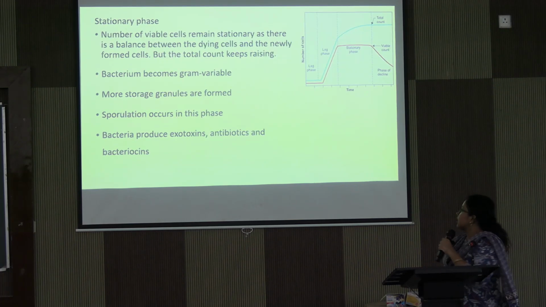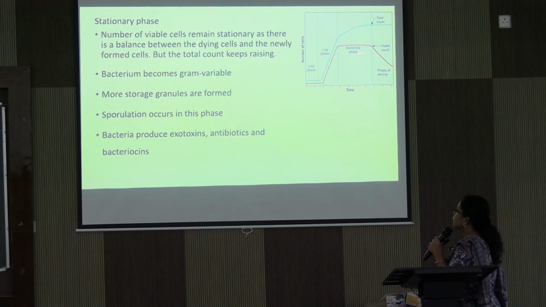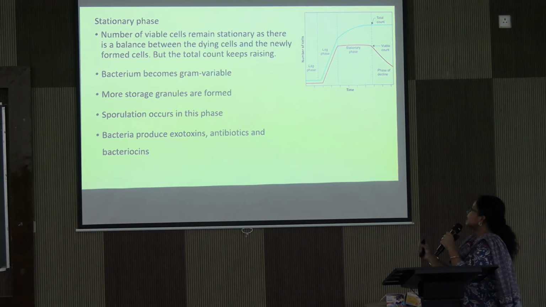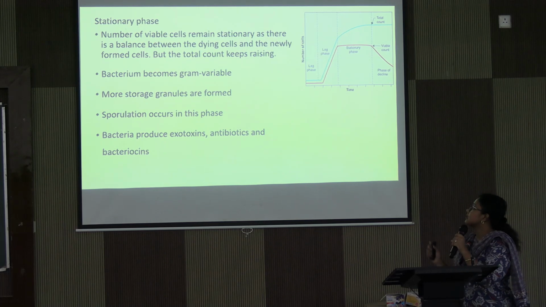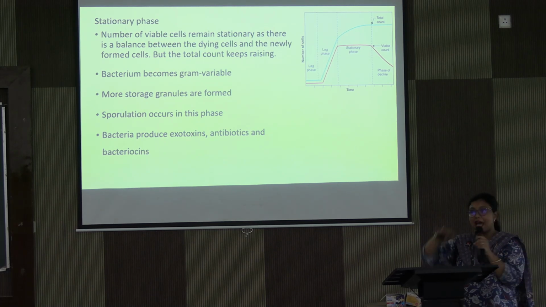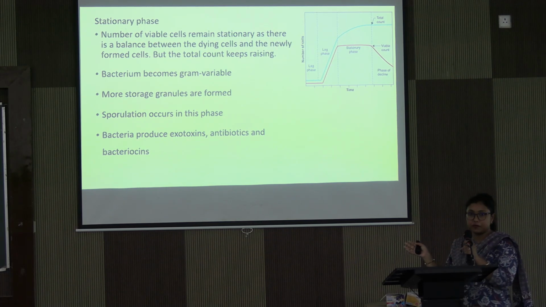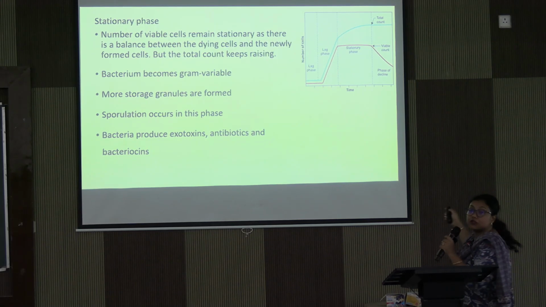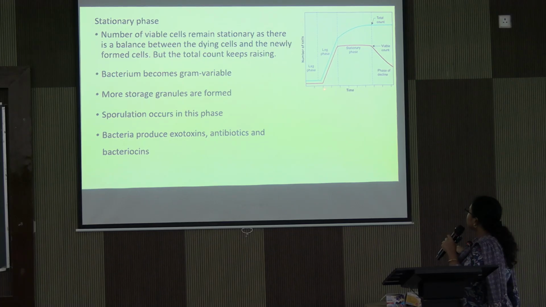Next is the stationary phase. So what is happening here? The number of viable cells remains stationary as there is a balance between the dying cells and the newly formed cells. Whenever the log phase is increasing, obviously cells are also dying, but here the rate of multiplication was higher.